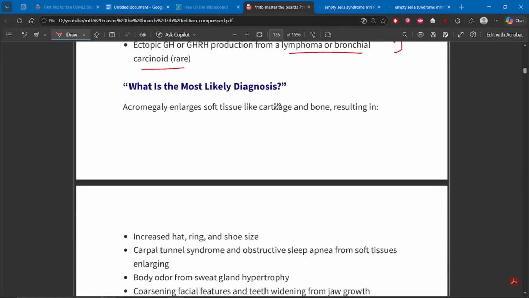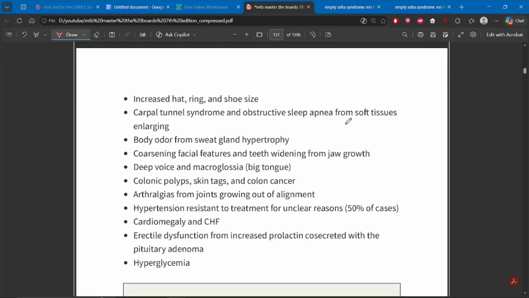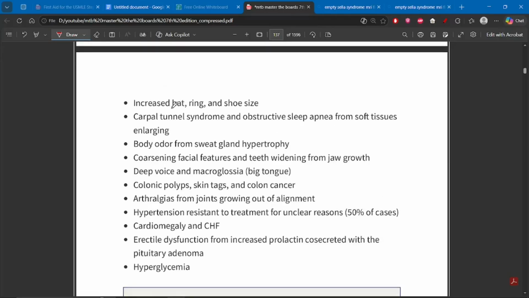What is the most likely diagnosis? If they ask you this question, you need to look out for these signs. Because acromegaly enlarges soft tissues like cartilage and bone, it can result in increased head size, ring, and shoe size. Remember all three. Carpal tunnel syndrome classically can occur, and obstructive sleep apnea can also occur from enlarging soft tissues.